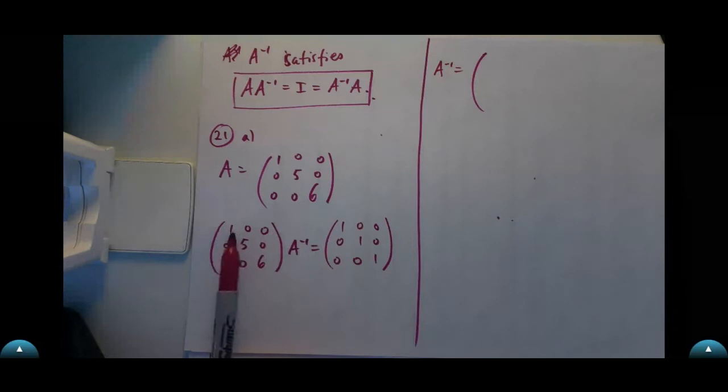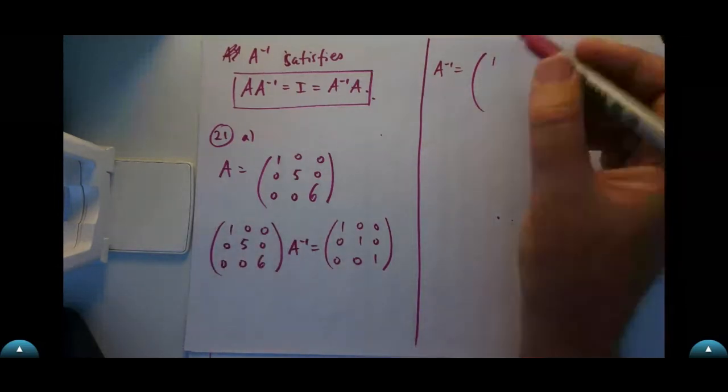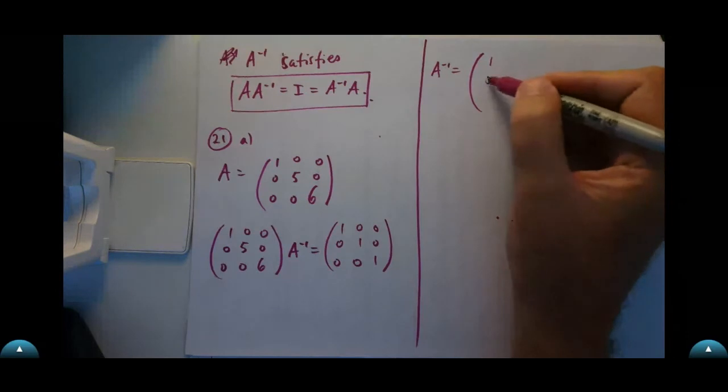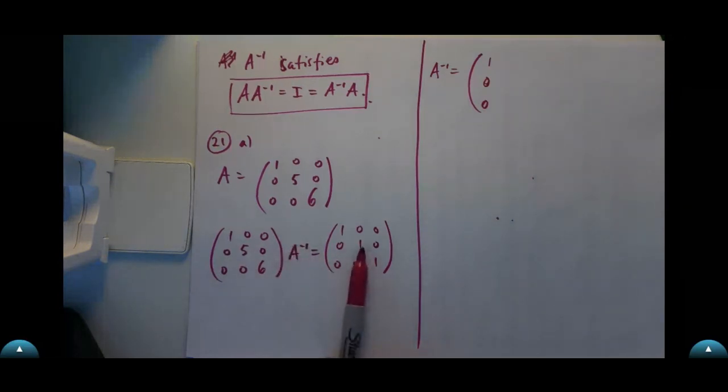So the only way I'm going to do that is if the first entry is 1 and the rest are 0. Now for the second row, I want to multiply that by the second column of this matrix and get 1.